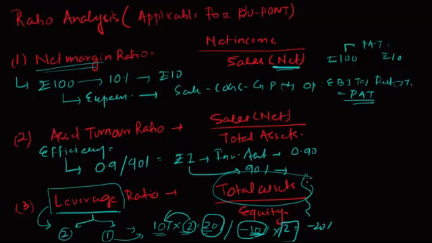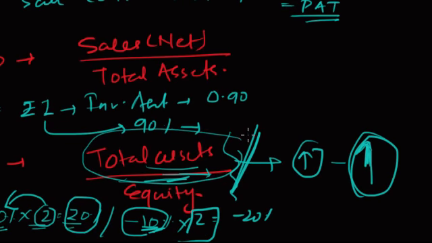Here I want to explain total assets. What do we mean by total assets? It's the total asset that we have invested into the business. So if this ratio is high, the financial consequence, whatever the entity is going to get, is going to be multiplied at a very significant rate. So this is what the leverage ratio means.